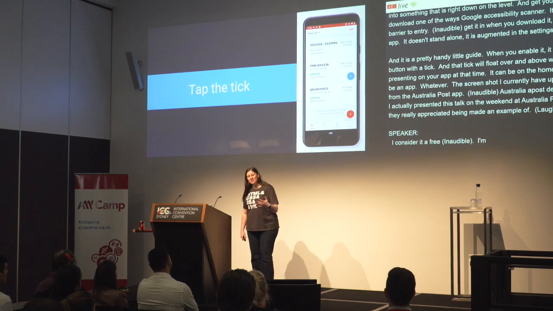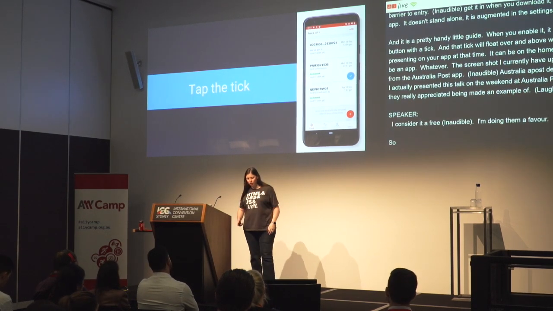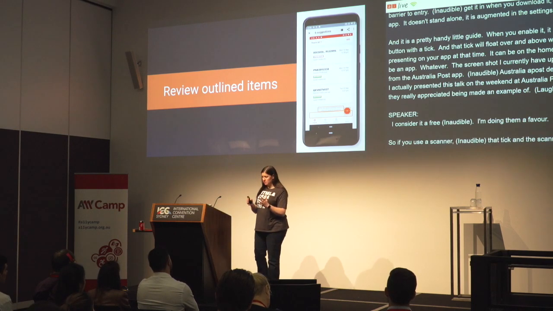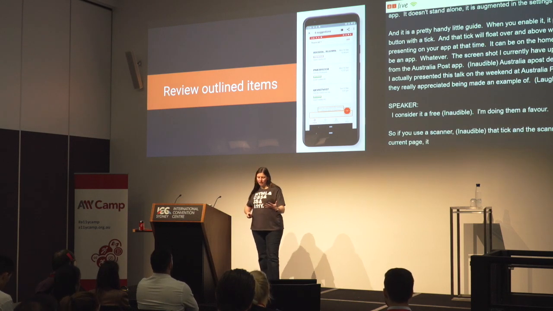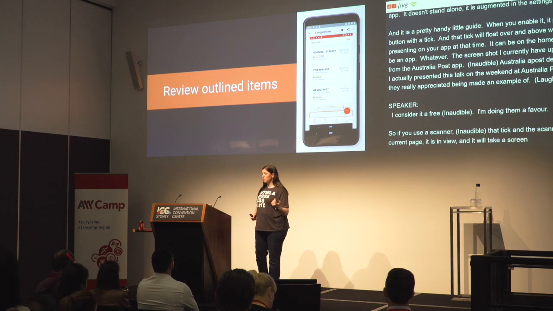So, if you're going to use the scanner, you're going to tap that tick, and the scanner will go away and do a shot of the current page that's in view, and it will return a screenshot of that page, and the elements that have potential accessibility issues will be presented with an outline.